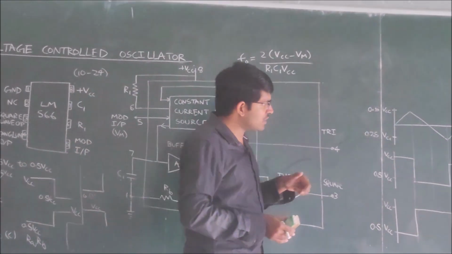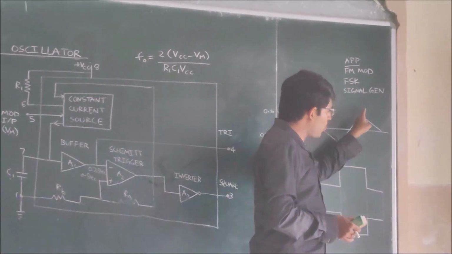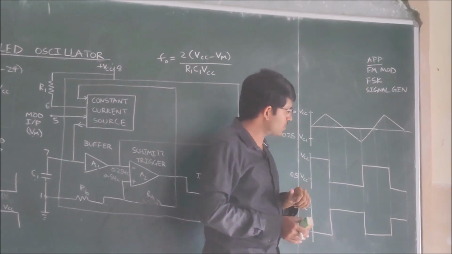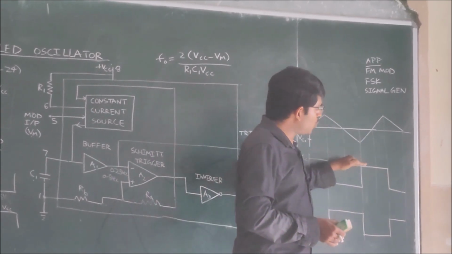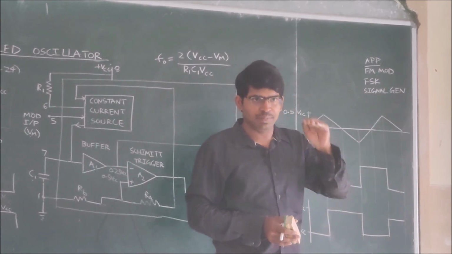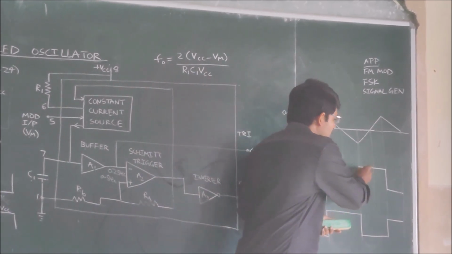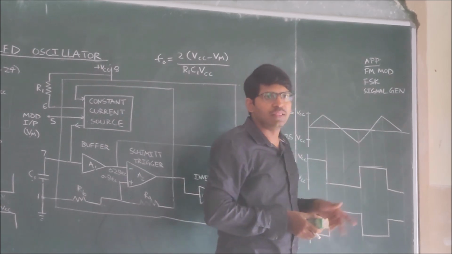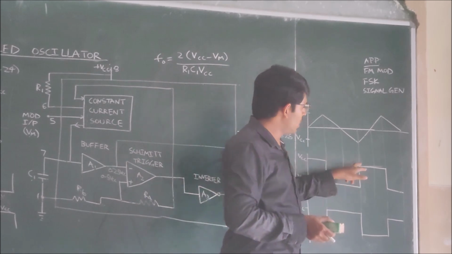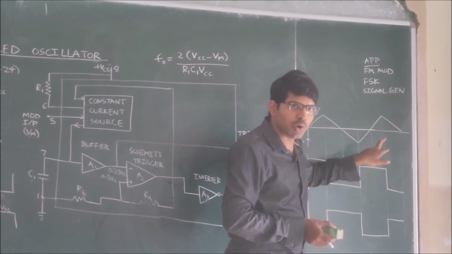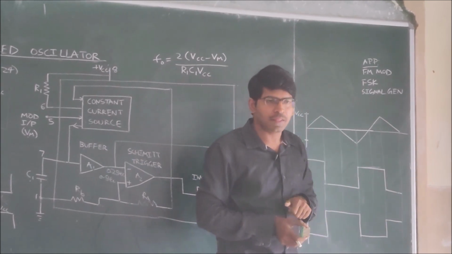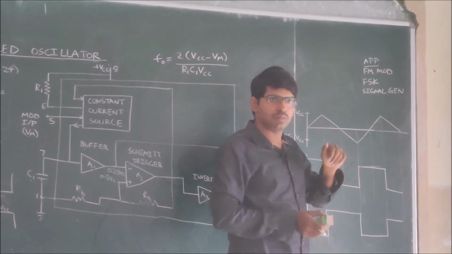So when the capacitor is charging from 0.25 VCC to 0.5 VCC, the output of this Schmitt trigger will be voltage level high. This will be the input to the inverter, we will discuss later. So this is a square wave high. And when the capacitor is discharging, this will be square wave low.